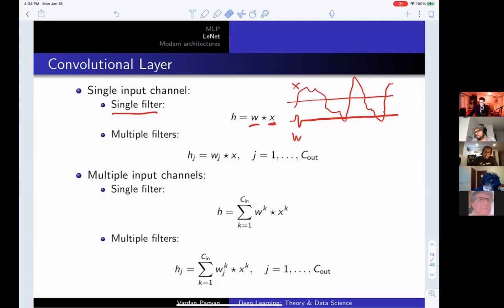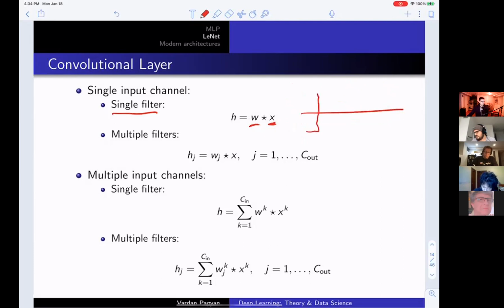So let's do a simple example to illustrate. Imagine that we have a piecewise constant signal that looks like this. So this is X. And imagine that W is a step function. So it looks something like this.